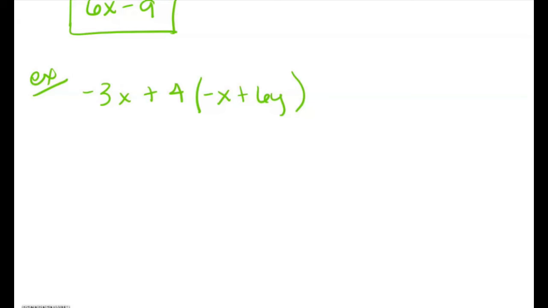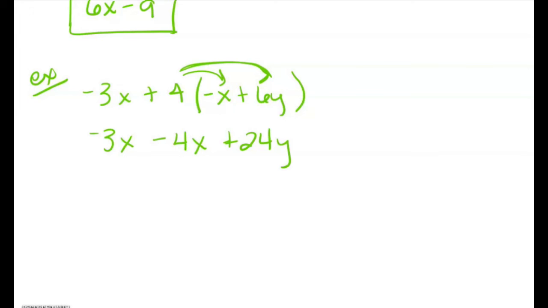And the distributive property is one of those order of operations that you always want to start with when you can. So the very first thing I'm going to do is distribute here. So I'm going to keep everything the same. And I'm going to multiply 4 times negative x, which is going to give me a negative 4x. And then I'm going to multiply 4 times 6y. And remember, 4 times 6 is 24, and then y.